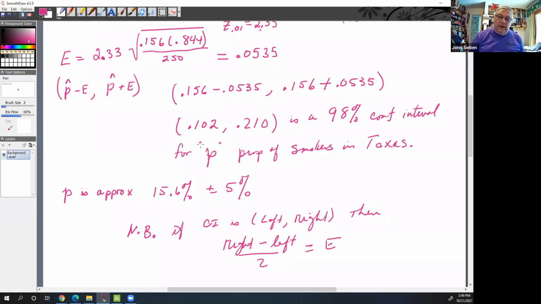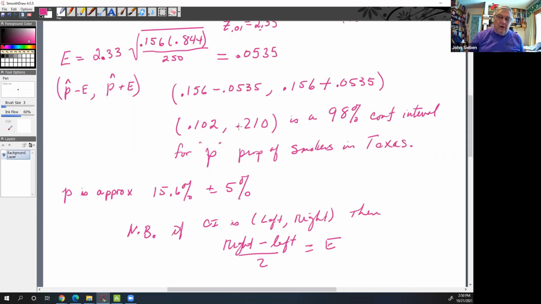So if we gave you the confidence interval and the confidence, we're not hiding the margin of error from you. The width of the confidence interval is 2 times the margin of error.